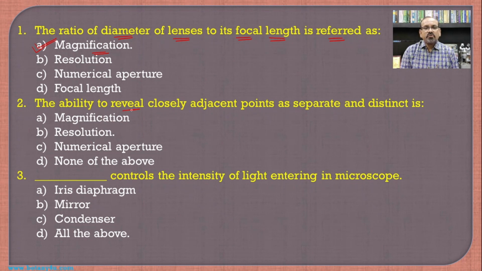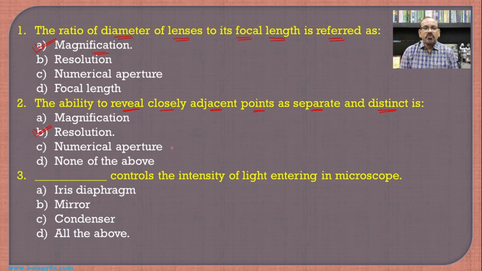Then, the ability to reveal closely adjacent points as separate and distinct is? Whenever we are talking about the resolution of any microscope, we can say that it is responsible for the separation of two points which are closely associated with each other, and hence the correct answer for this question will be resolution.